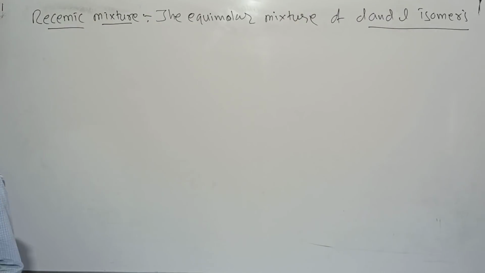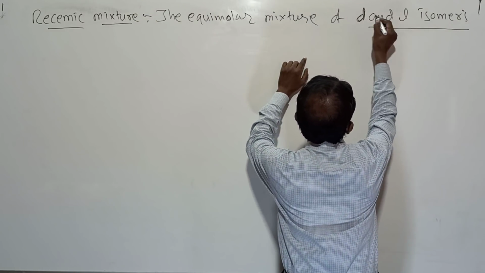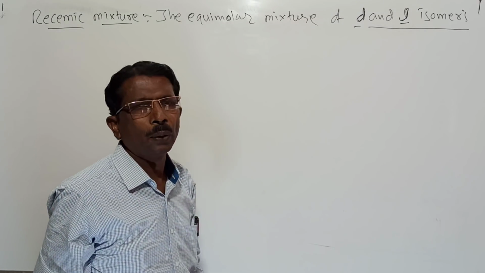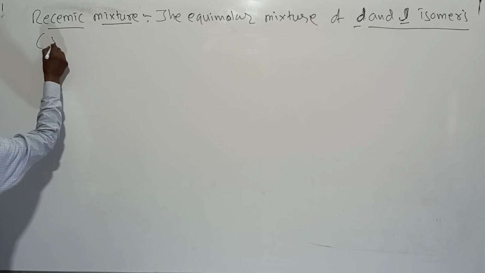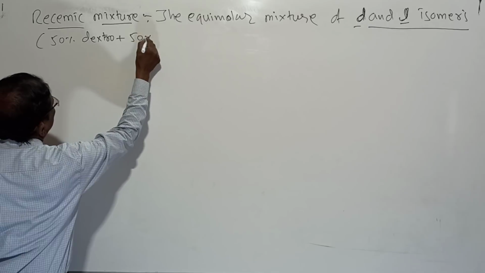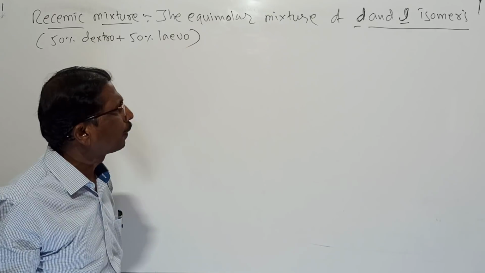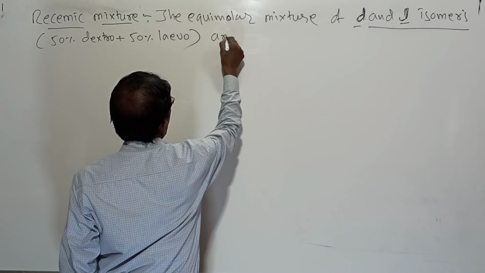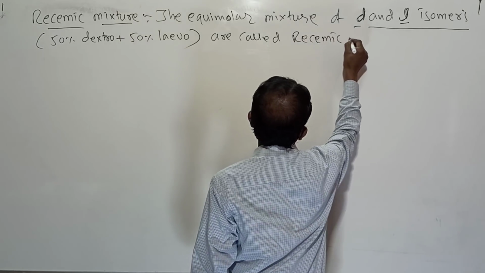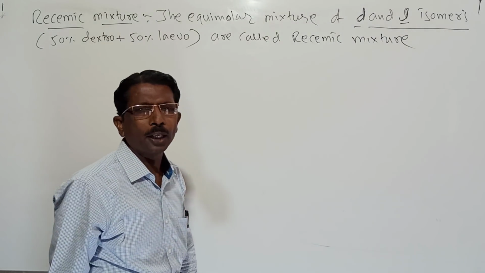D means dextro and L means levo, that is, 50% dextro plus 50% levo. The equimolar mixture of D and L isomers is called a racemic mixture.